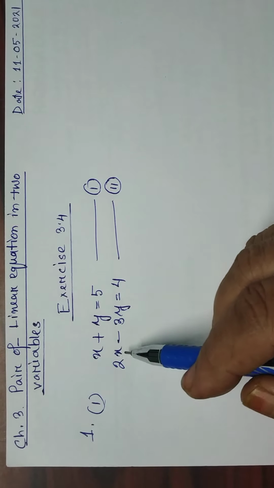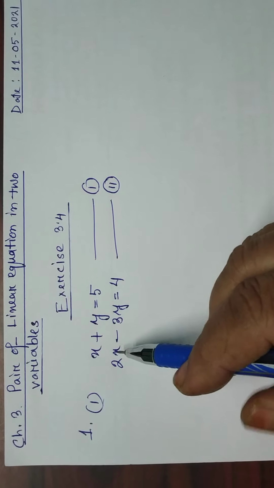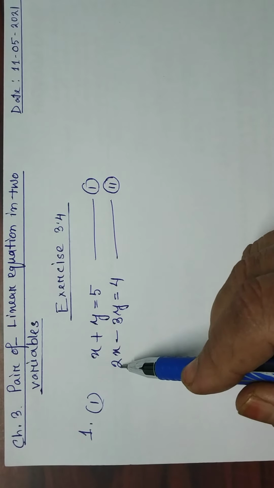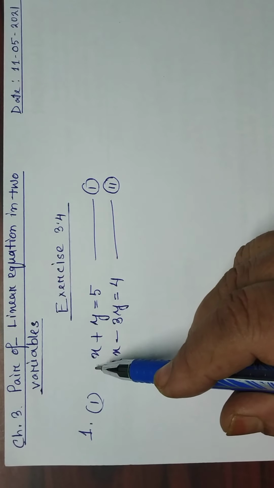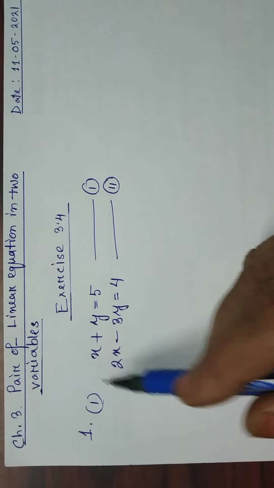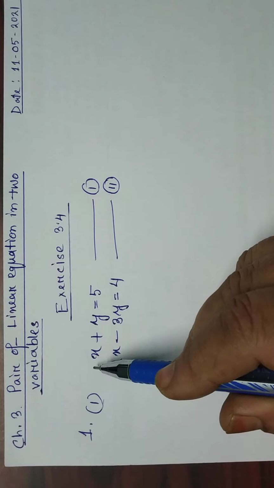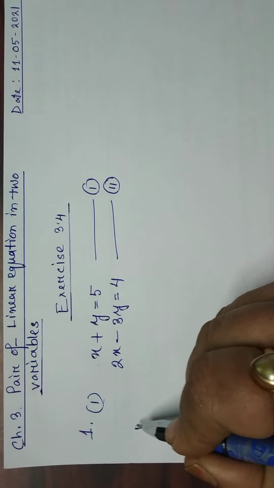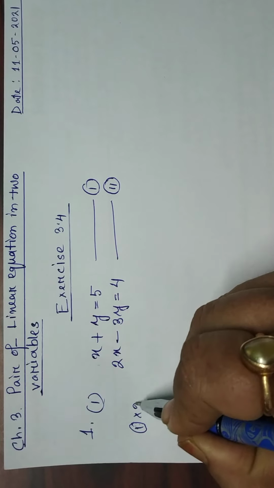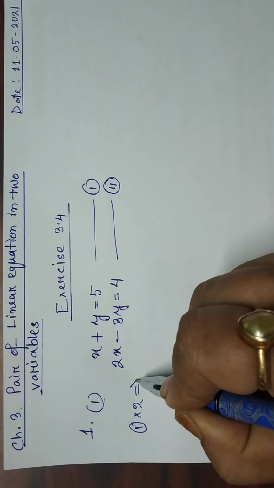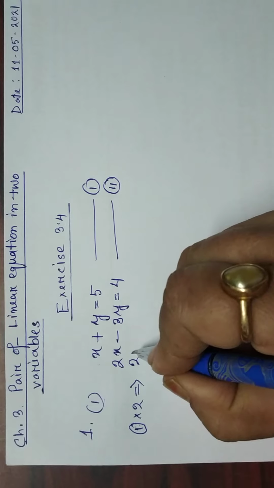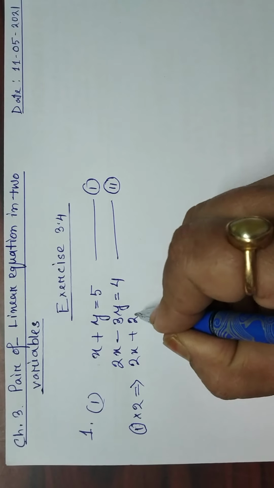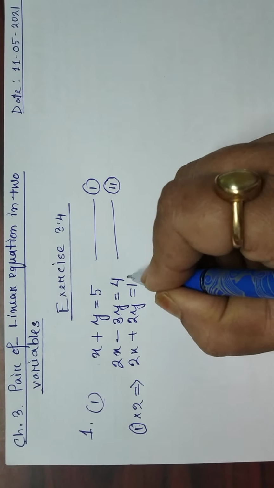If we want to eliminate x, then this x coefficient is 2, and this x coefficient is 1. To make it 2, we have to multiply equation number 1 by 2. If we multiply it by 2, then what happens? We get 2x plus 2y is equal to 10.